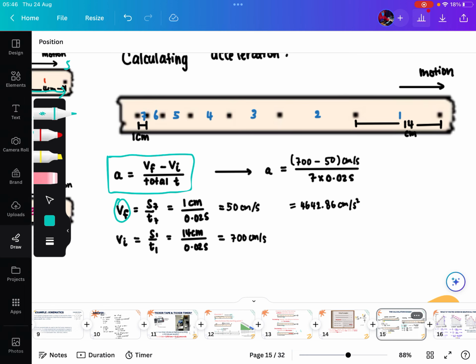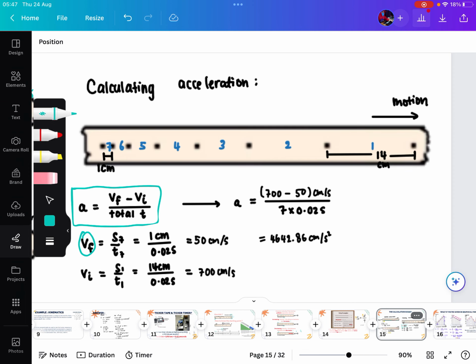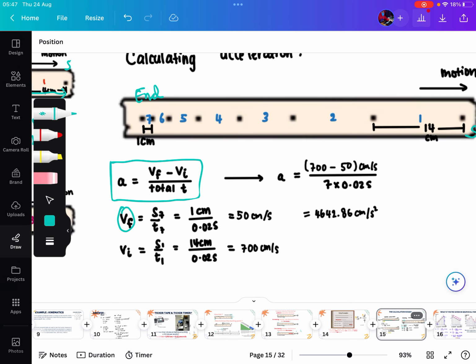You first need to determine which one is the starting point and which is the ending point. Sorry, that's the end. The starting point is here, and the ending is here. We calculate the separation distance at the end, which is 1 cm.